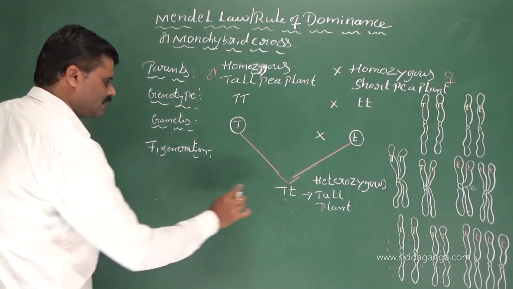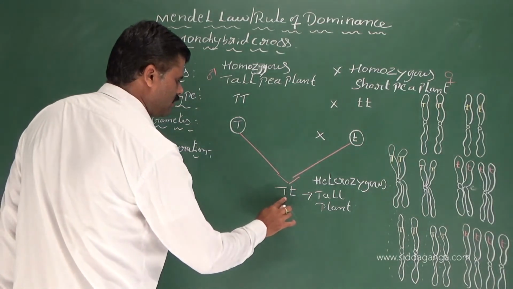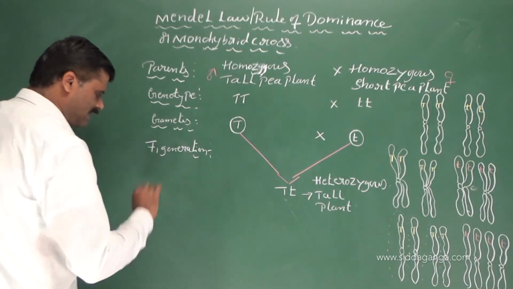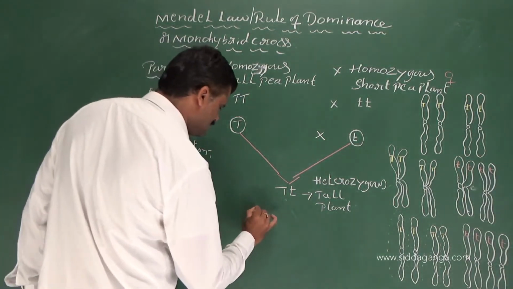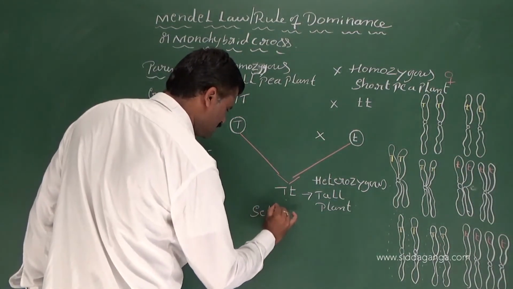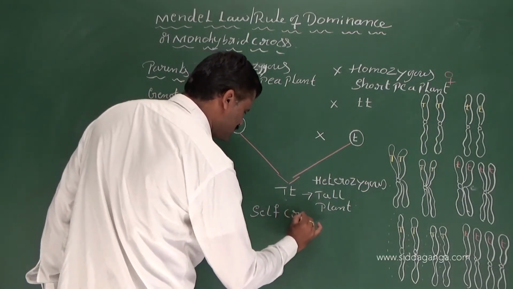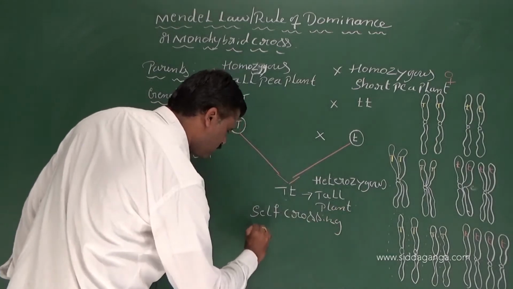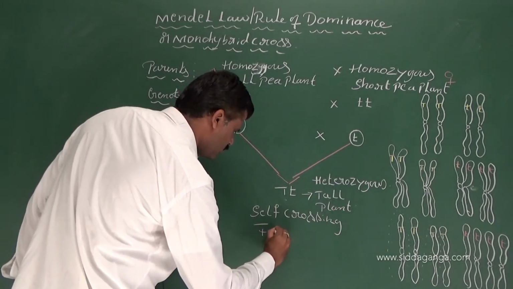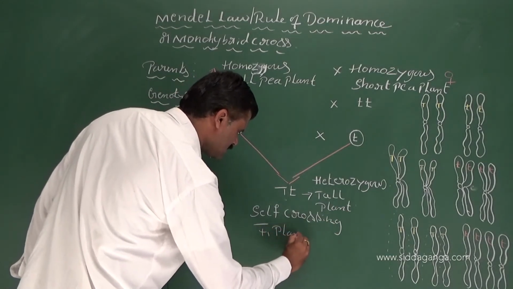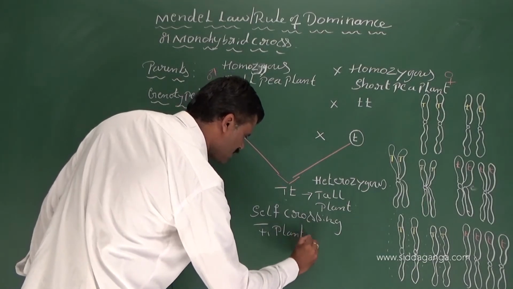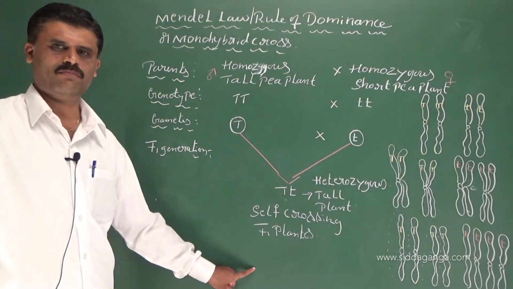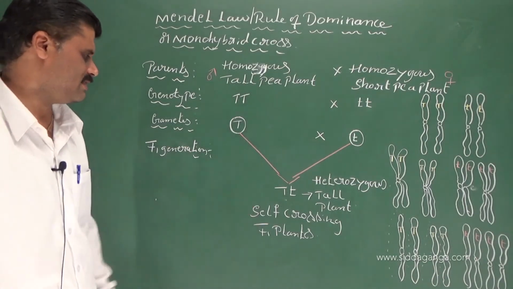Next, Mendel took this F1 generation hybrid plant for the next crossing, that is self-crossing. Mendel further self-crossed the F1 plants to get F2 plants. How he crossed?